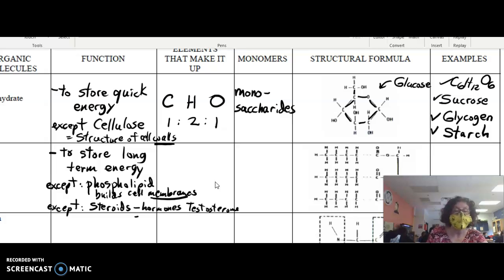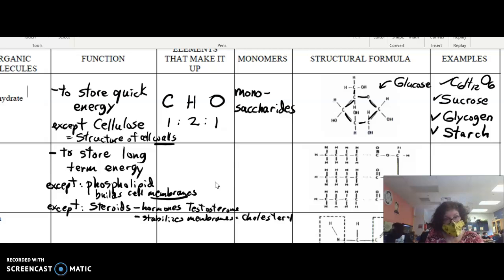Or there's another one called cholesterol, which stabilizes cell membranes. Remember, this is being filmed, so if you don't see it this time, you can see it later.